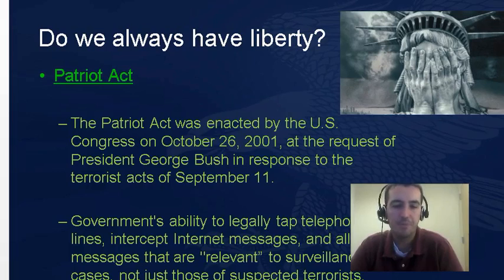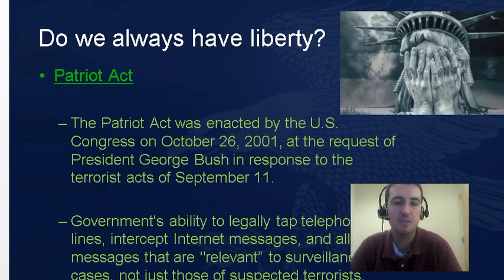What did it do? It heightened the government's ability to legally tap telephone lines, intercept internet messages, and access all messages that are relevant to surveillance cases, not just those of suspected terrorists. So, to sum it up, the Patriot Act gave the government a lot more power when it came to monitoring U.S. citizens and people living in the United States.